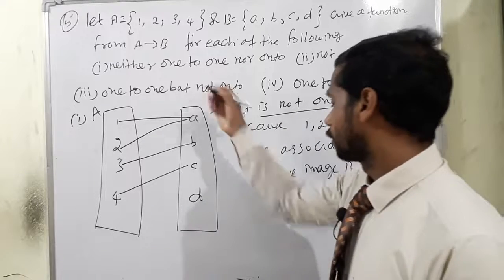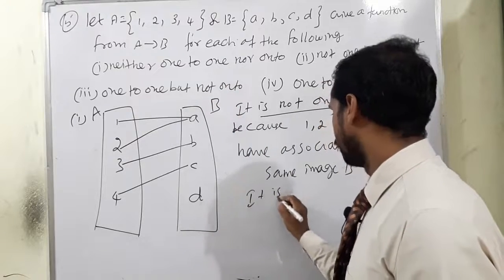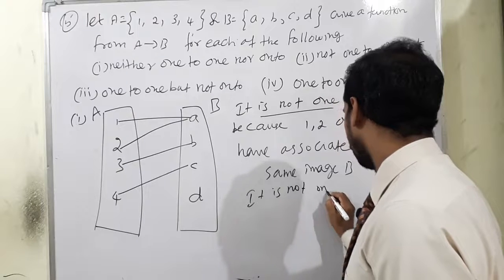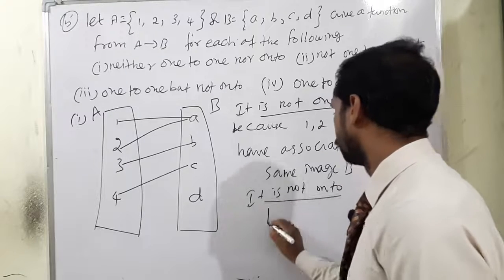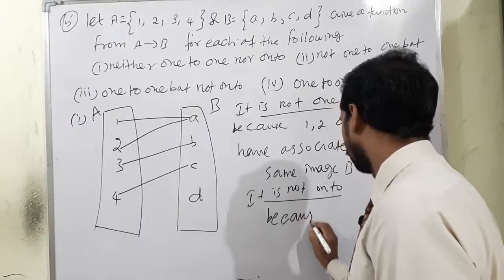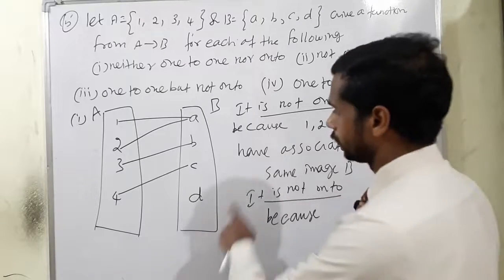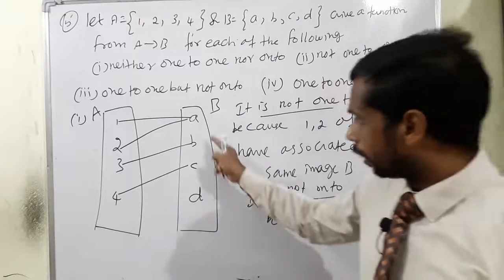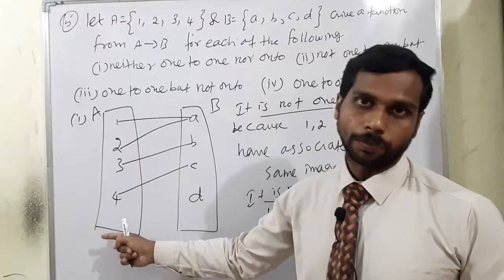Second condition, it is also not onto because, what is the definition for onto? Every element of the codomain has a pre-image.